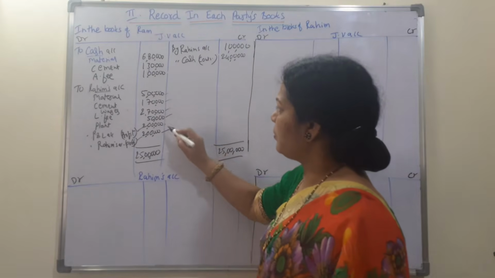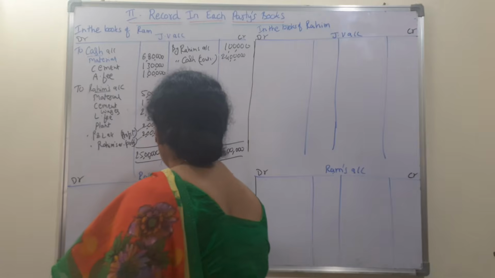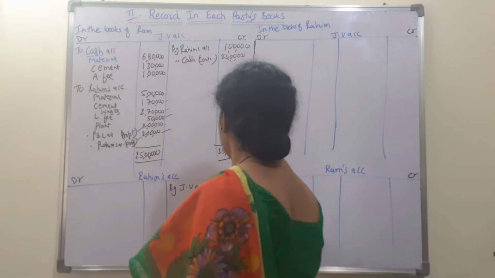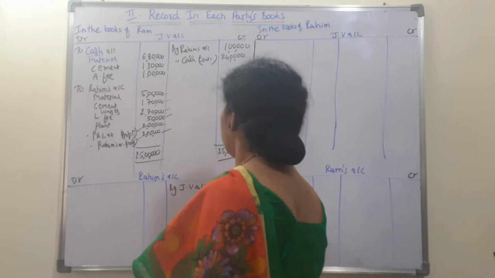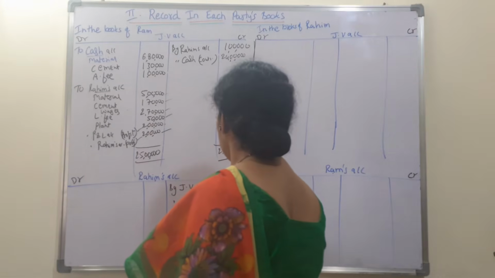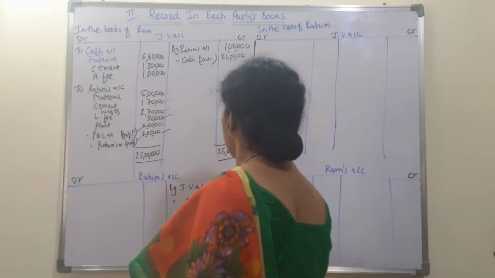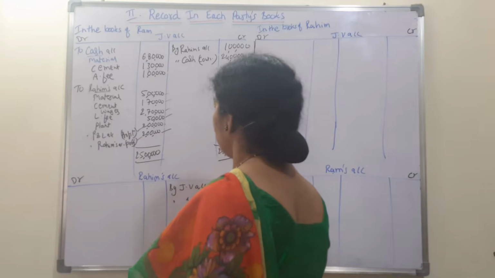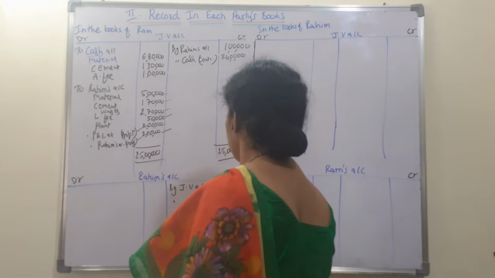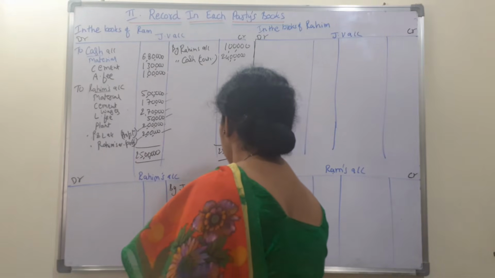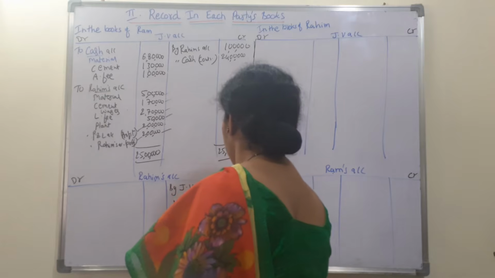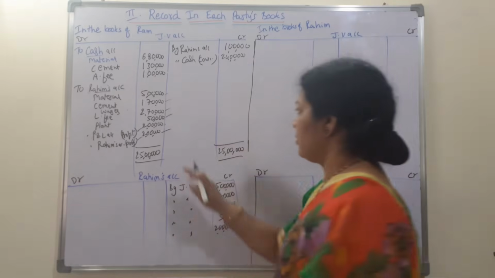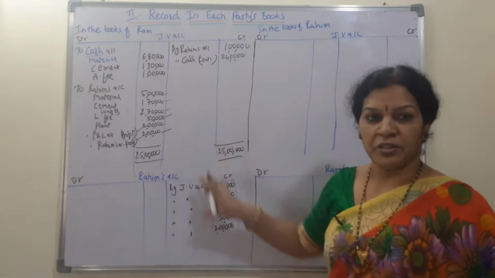So 1, 2, 3, 4, 5. 5 items you are going to transfer by joint venture account. 5 lakh, 1 lakh 70,000, 2 lakh 70,000, 50,000 and 2 lakh. So debit to credit, 5 items transferred.